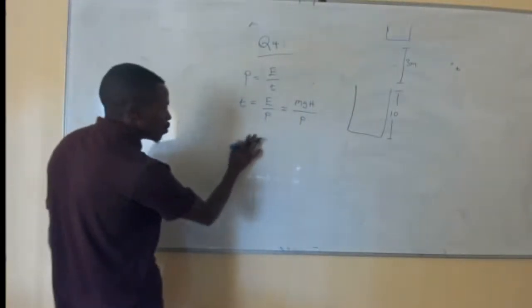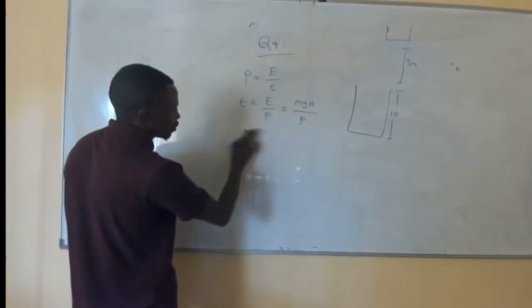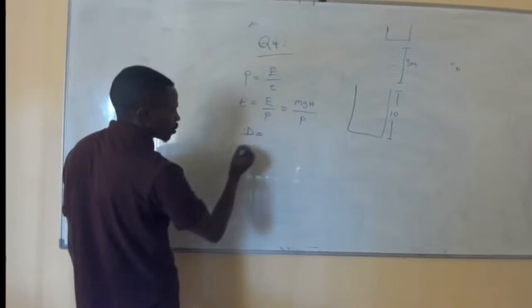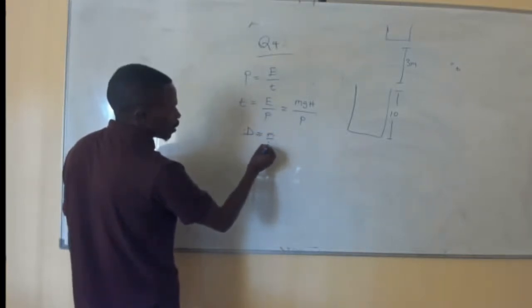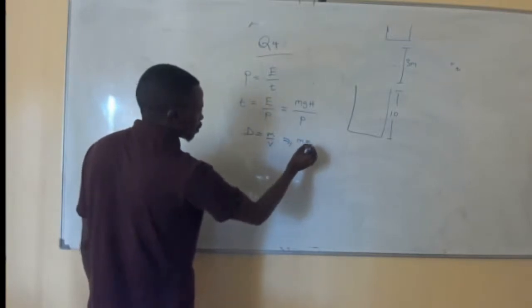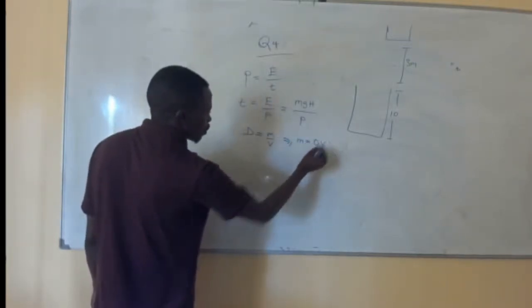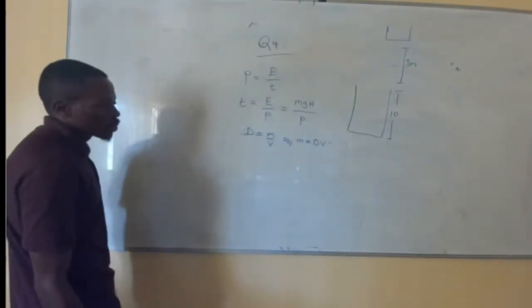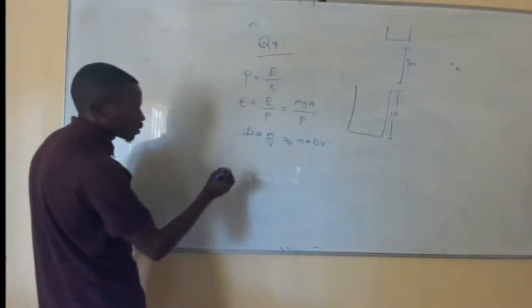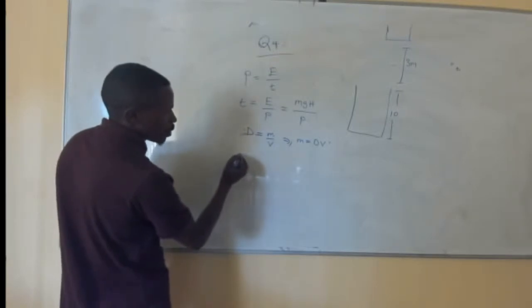So the simplest way to figure this out is, we know that density is equal to mass divided by volume. So this implies that mass is equal to density times volume. And we know that the pump was pumping water, so the density of water is just 1,000 kg per meter cubed.